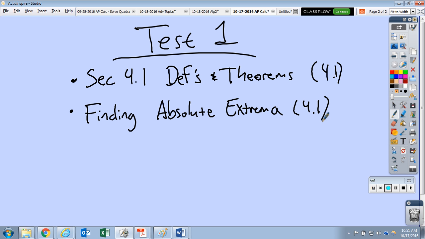So let f be a function defined on an interval I, and let x1, x2 be any two points in I. f is blank on I if blah blah blah, and f is blank on I if blah blah blah.